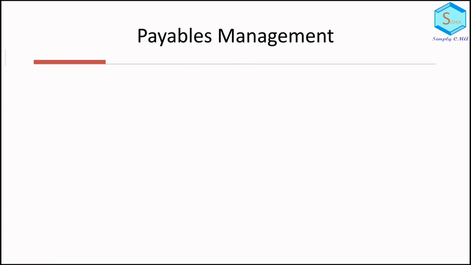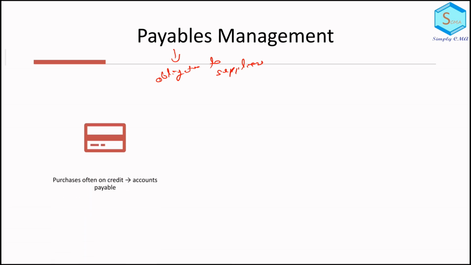Next is payable management. Payable means obligation to supplier. So accounts payable means purchases often made on credit.